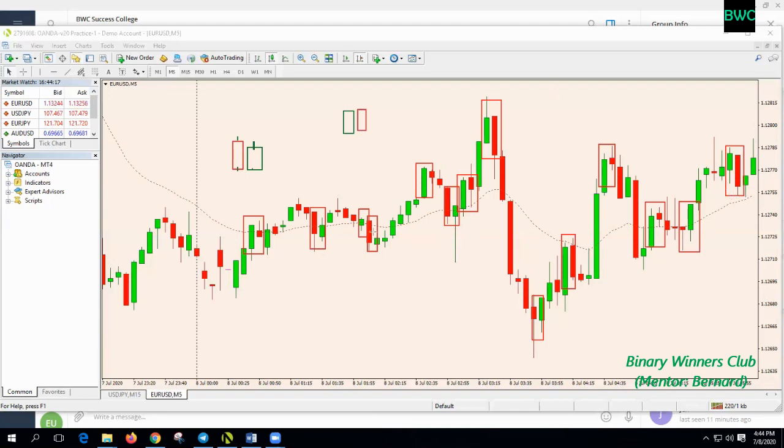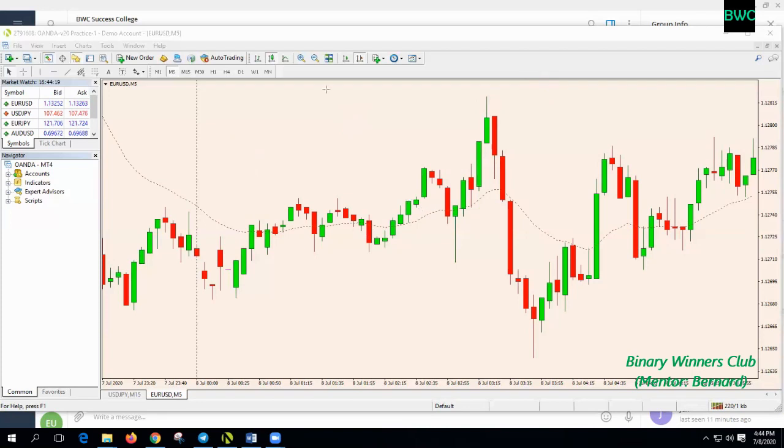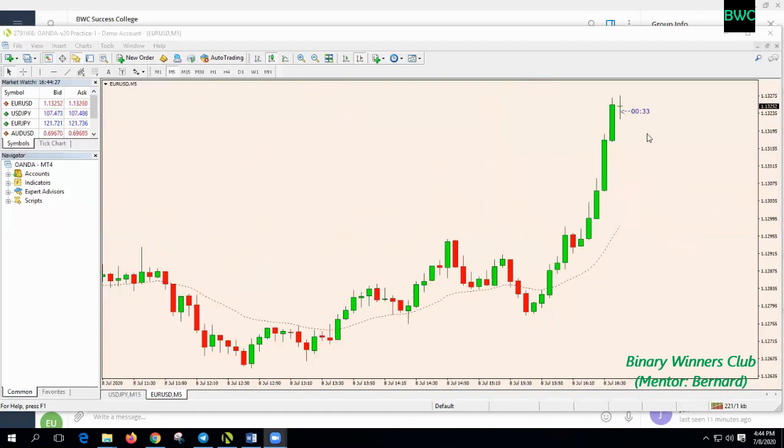So you only need to identify a 2 bar reversal candlestick pattern on your chart. The most recent, that is unique. When you are trading live, the most recent is this one. You don't have to go back here and start drawing your lines here.